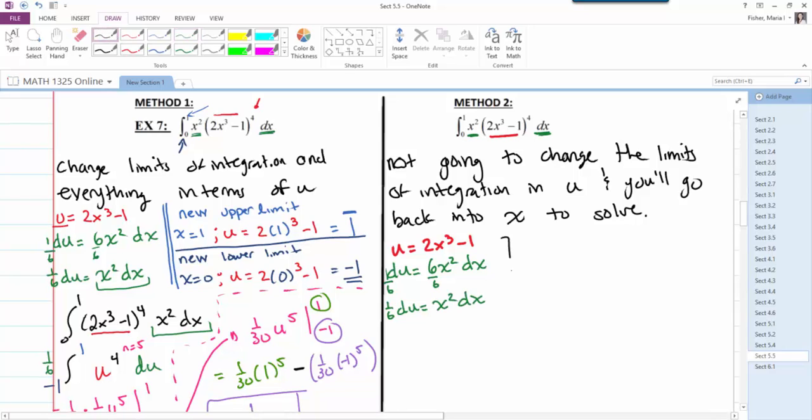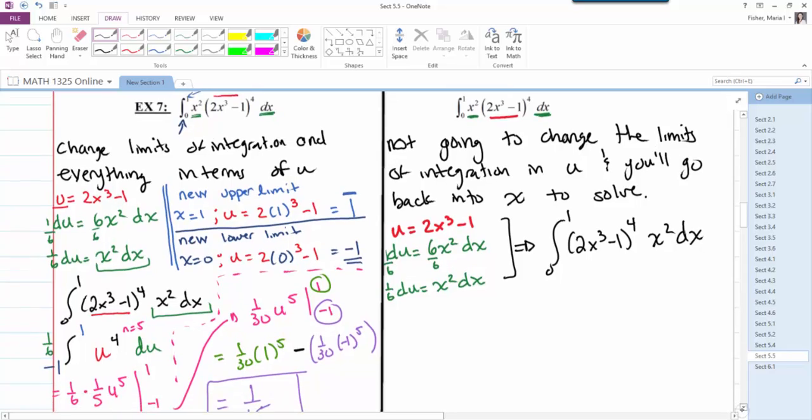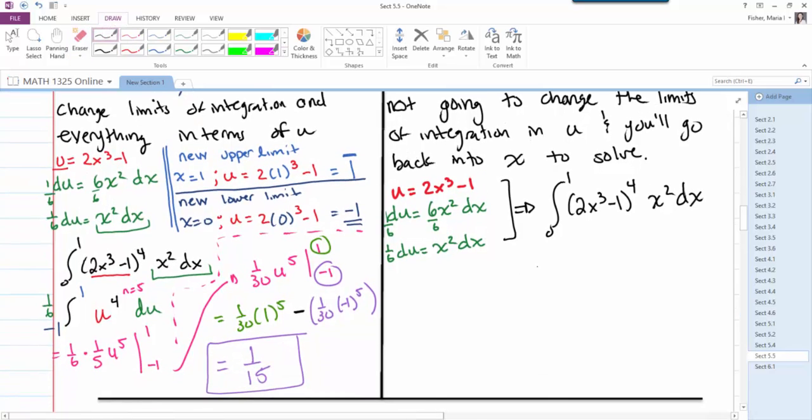Then we say, all right, well, let's rewrite that integral. So we're looking at the integral from 0 to 1 of 2x cubed minus 1 to the 4th times x squared dx. And this then becomes the integral from x equals 0 to x equals 1 of, well, that 2x cubed minus 1, recall, is my u, and I'm raising it to the 4th power, and then this x squared dx is considered to be my 1/6 du.